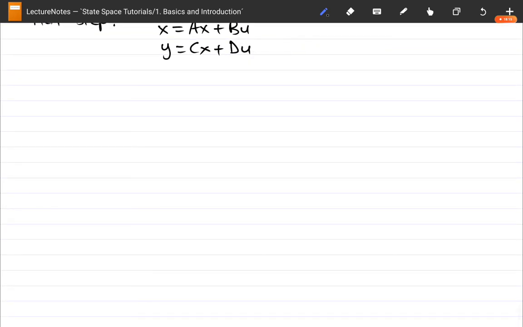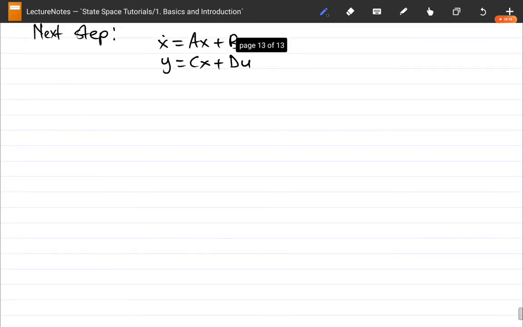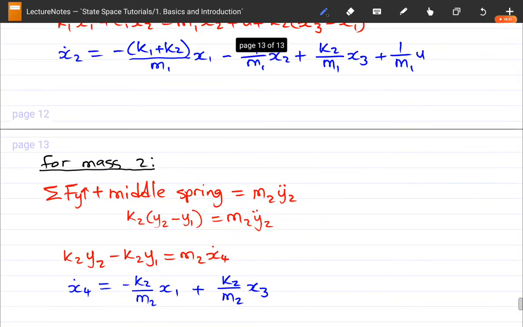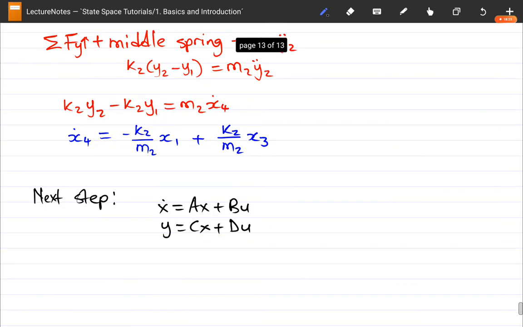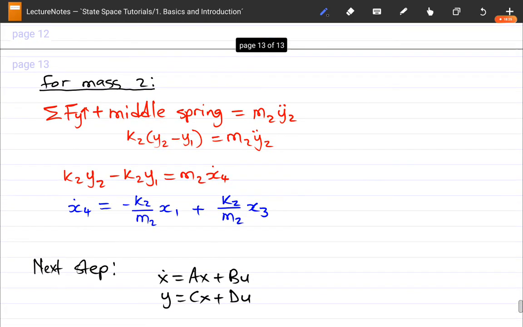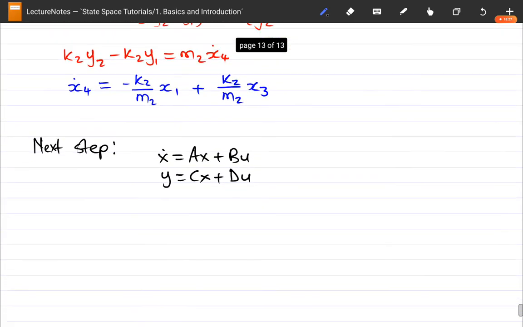So this should be easy. What it requires now is for us to just copy our two blue equations here into matrix forms. This shouldn't take too long.